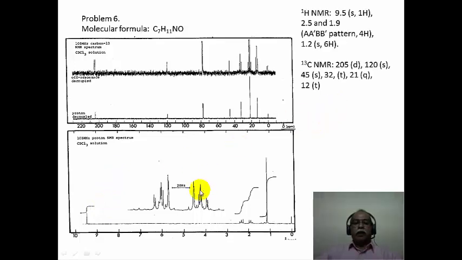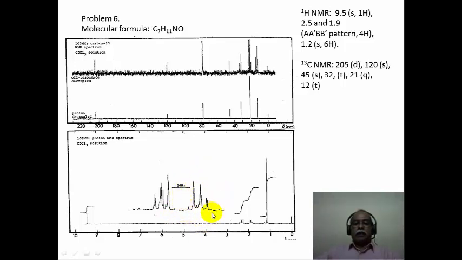So before we go into that, let us say that this data corresponds to the 2.5 ppm and 1.9 ppm approximate chemical shifts, which are the centers of the multiplets seen, an AA prime BB prime pattern of 4 hydrogen intensity. This is 4 hydrogen intensity because this would correspond to 1 hydrogen intensity, being an aldehyde. So this is 2 hydrogen intensity from here to here and another 2 hydrogen intensity from here to here. This part of the multiplet corresponds to 2 hydrogen intensity, the BB prime side of the AA prime BB prime pattern.